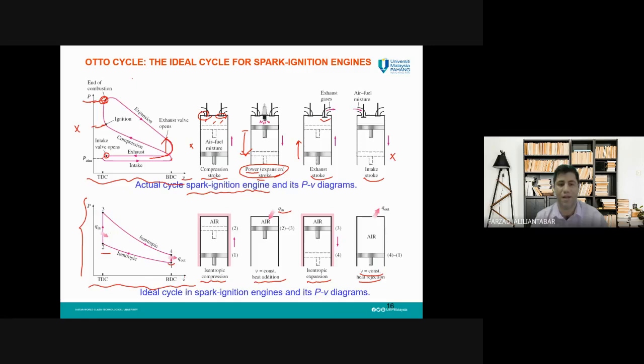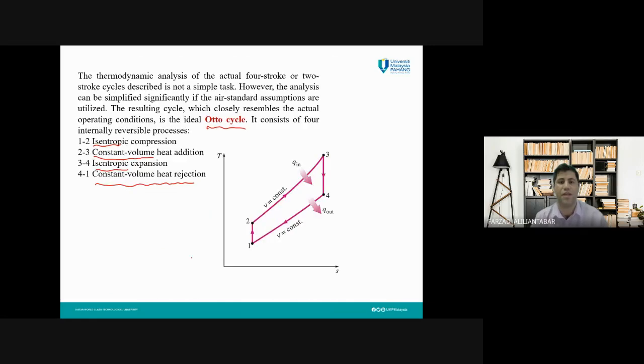Here is the PV diagram for this Otto cycle. Here is the TS diagram for the Otto cycle. Again, you can see the constant entropy or isentropic processes, and the constant volume processes, in which we have heat addition and heat rejection.